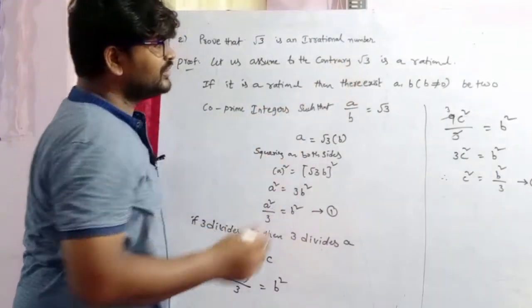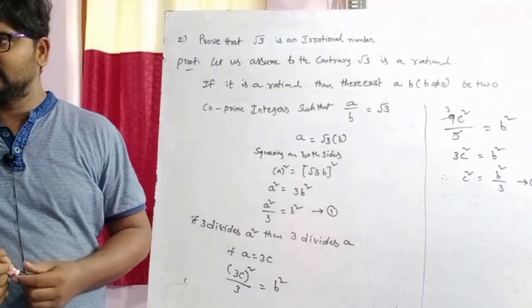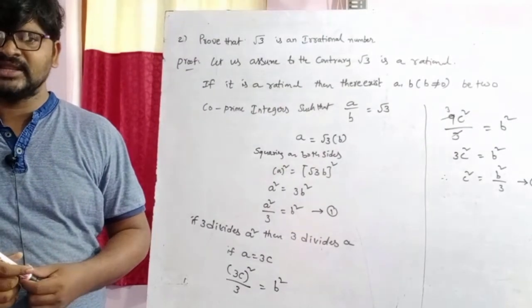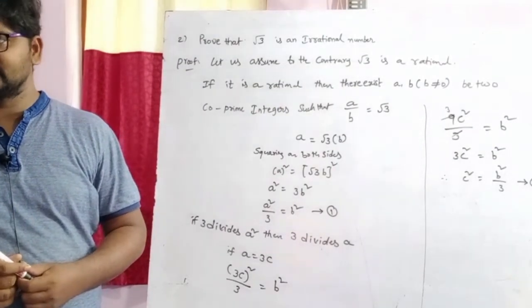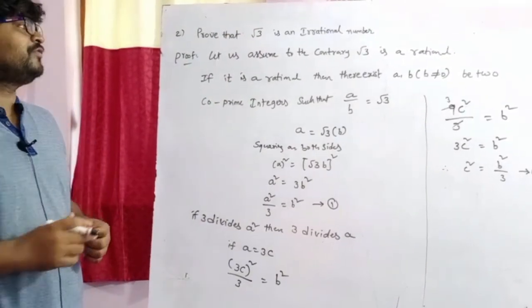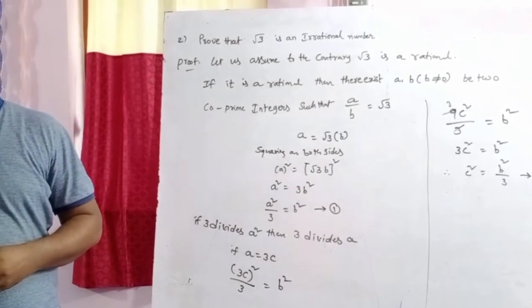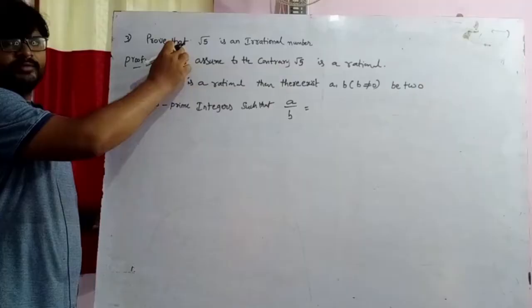So we conclude that root 3 is an irrational number. Hence proved. It's clear? This is the concept of root 3. Proof of root 3 by using the contradiction method. By using the contradiction method. It's clear?